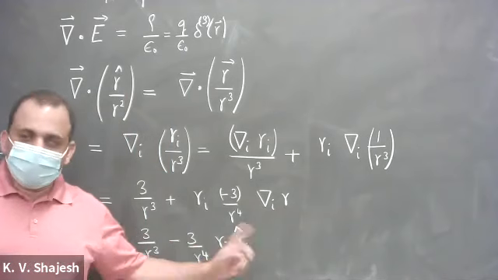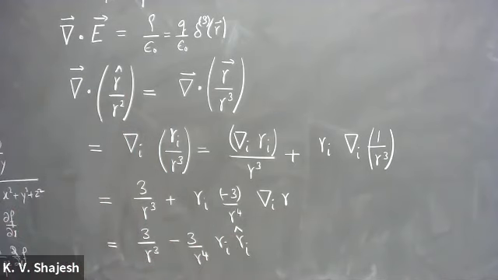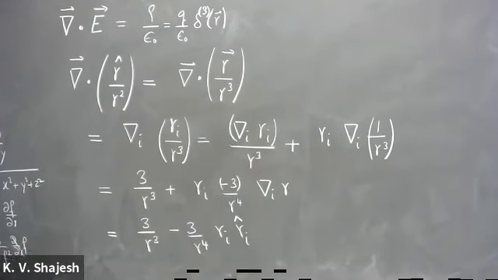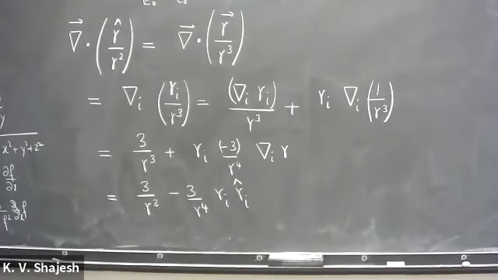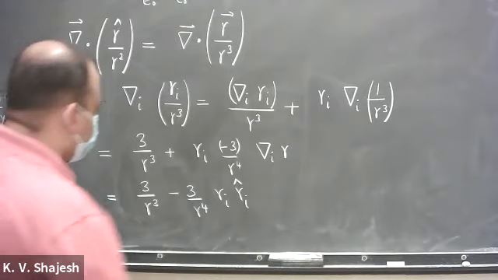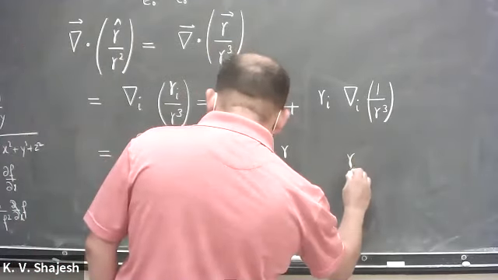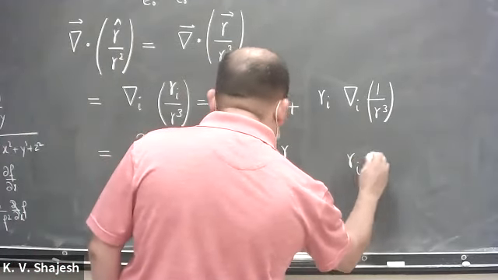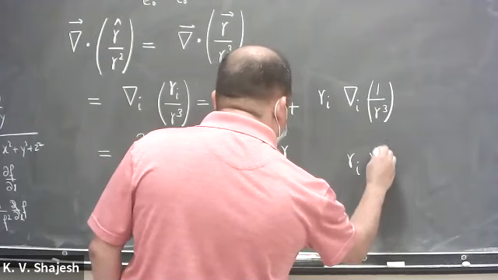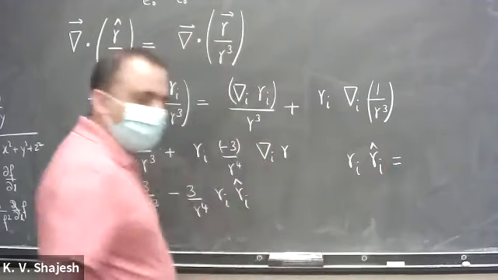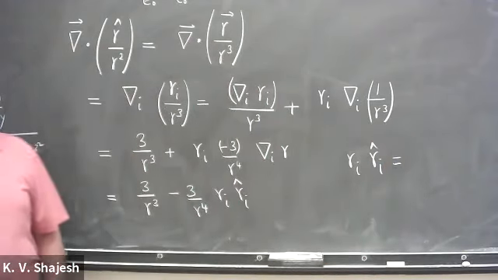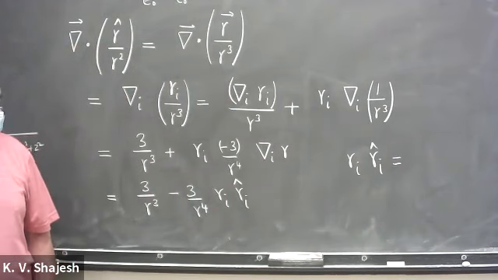What is Ri times Ri hat? What is this equal to? Try again. R vector.